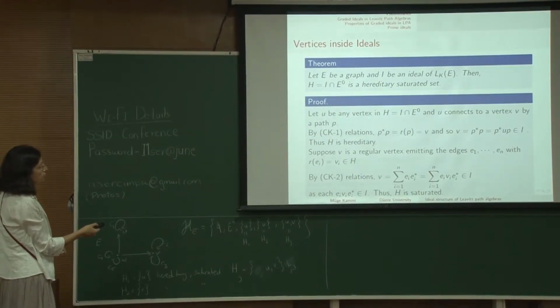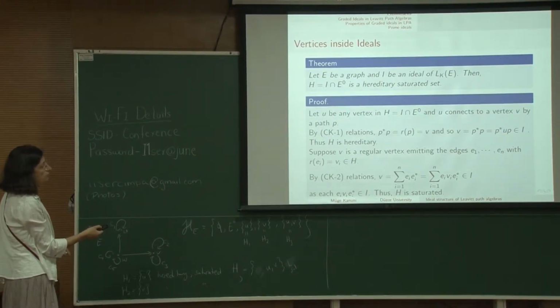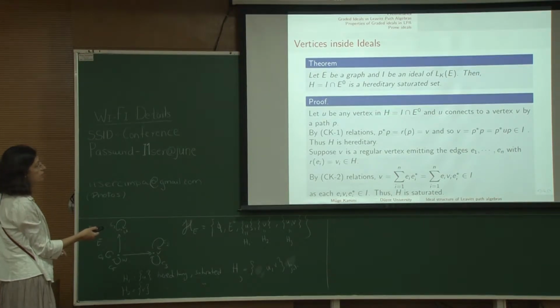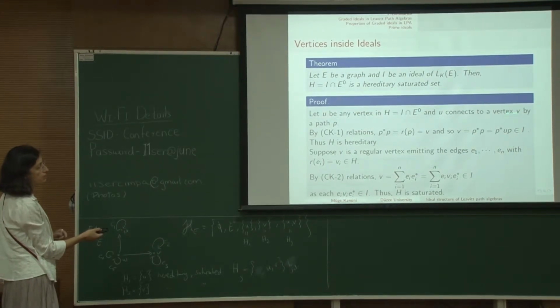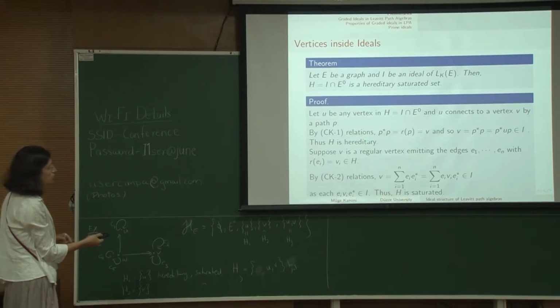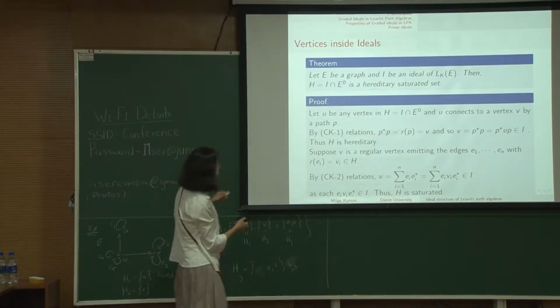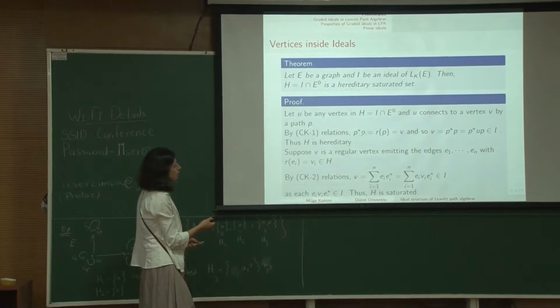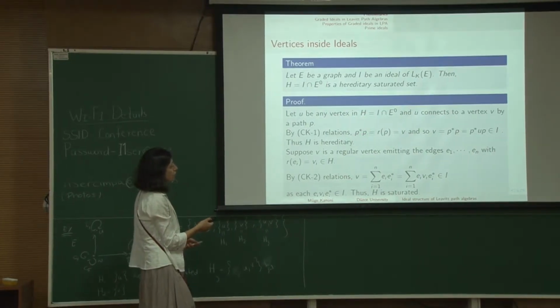If you take any vertex in the intersection, I have to prove that this set H is actually a hereditary saturated set. So if U connects to a vertex V by a path P, I have to prove that V is also in H. By the CK1 relation, if you have the path P, then you can multiply that from the left by P star.